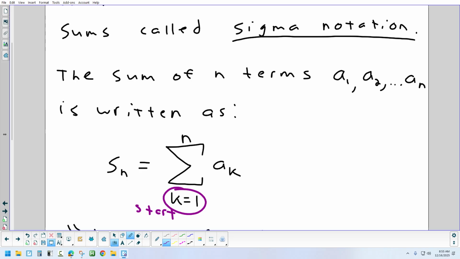We'll do an example in a minute, and it'll make sense. So the bottom number is basically telling you where to start. The top is going to be a number, and it's telling you where to stop. On the right-hand side, you're going to have a formula, okay? And they're gonna tell you what that is.